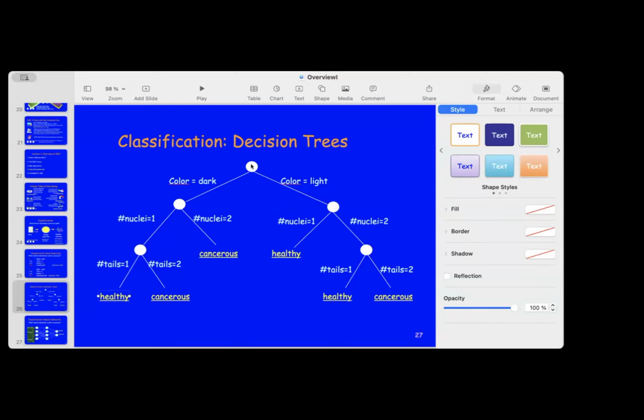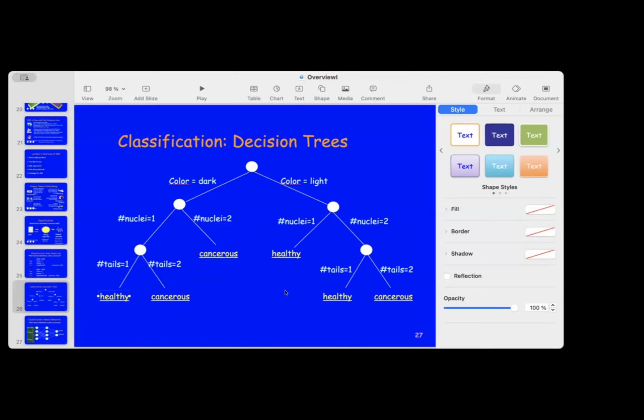So starting from the root of the tree, we traverse the tree in order to get to the knowledge or to the answer. Starting from the root, if we go to the left, the color is dark. We have 2 nuclei. This means that the cell is cancerous. If the color is dark and we have 1 nucleus and 1 tail, the cell is healthy.